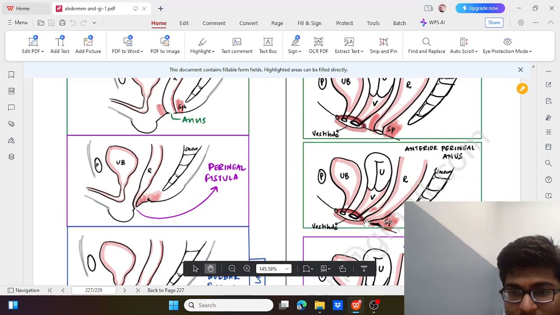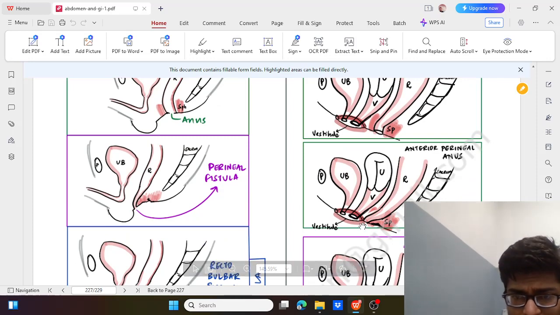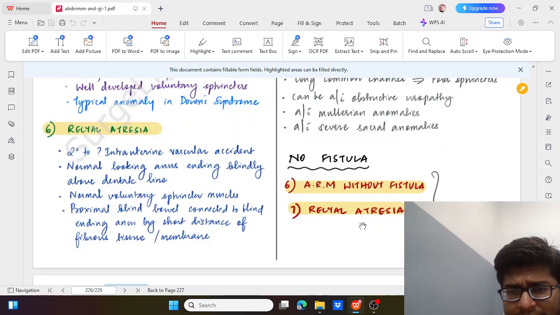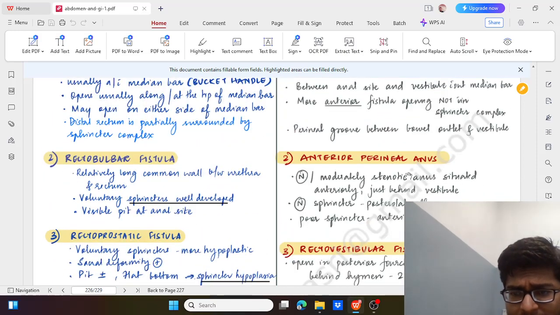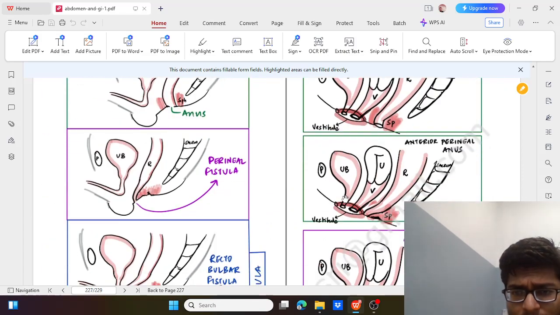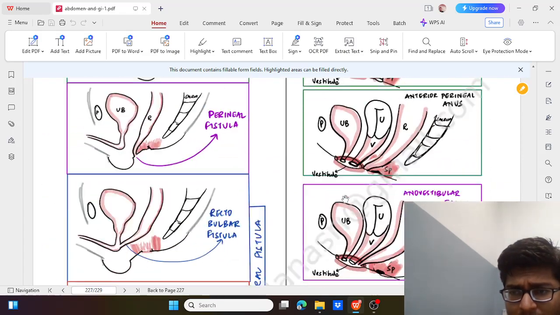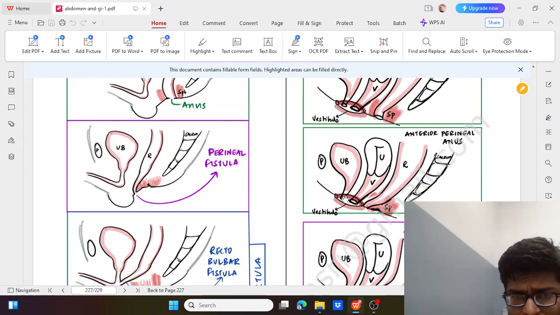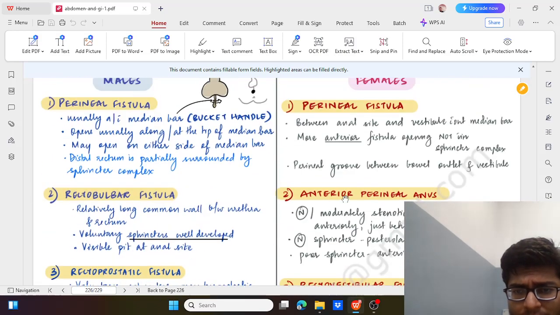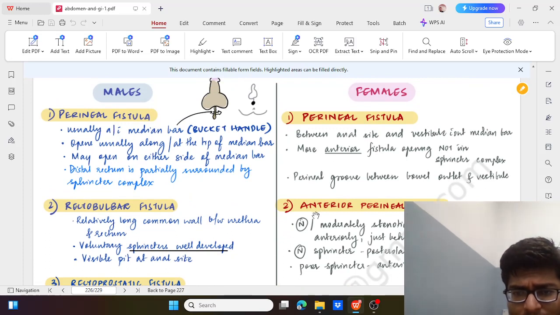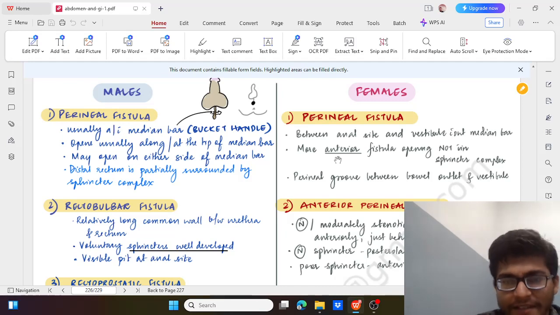If this goes anteriorly near the vestibule, then it will be a perineal fistula or anterior perineal anus. This is when the rectum or anus opens towards the vestibule or just behind the vestibule.